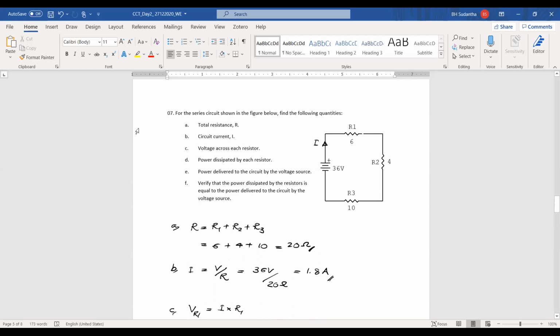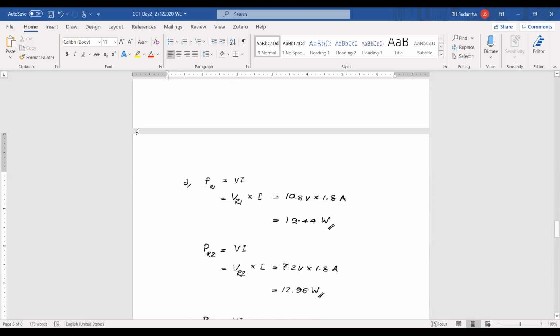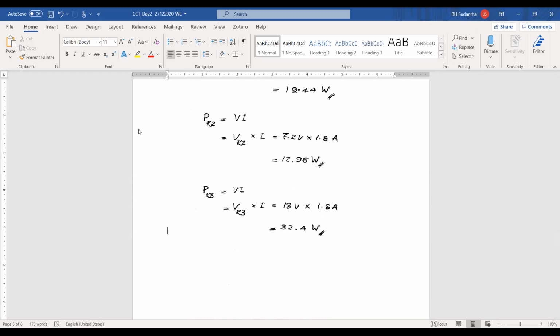That is B. Next, the power delivered to the circuit by the voltage source.